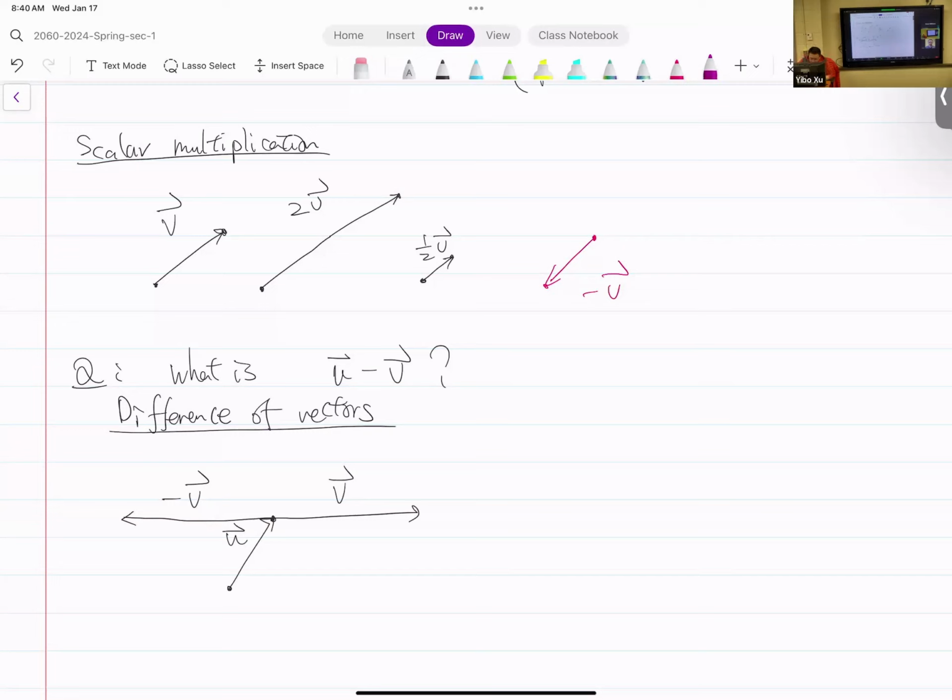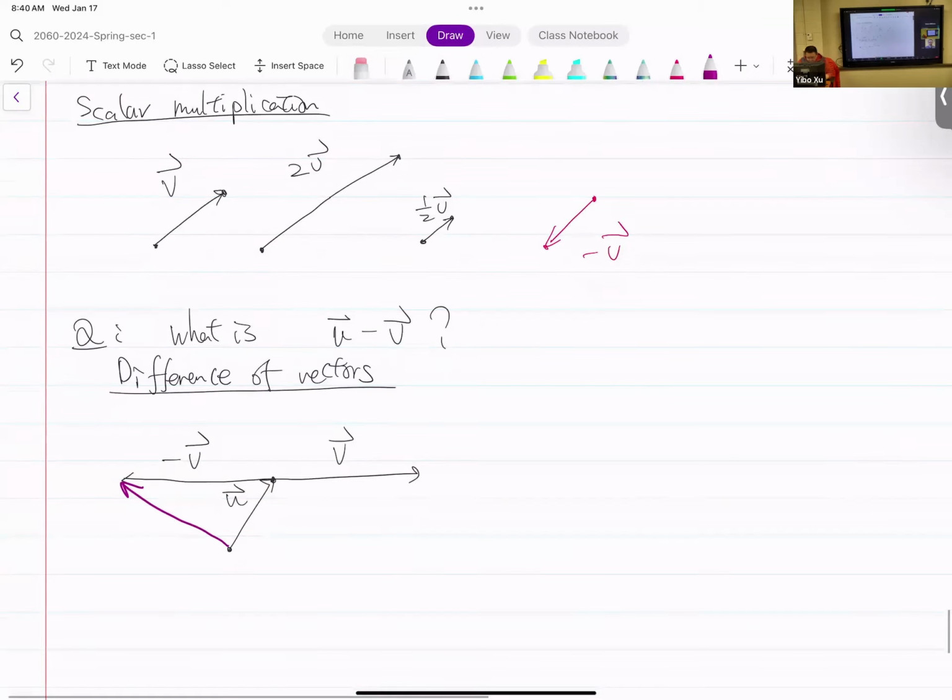So we just do the triangle. That's U plus negative V, right? So that's U minus V. So U minus V is exactly U plus negative V, right?